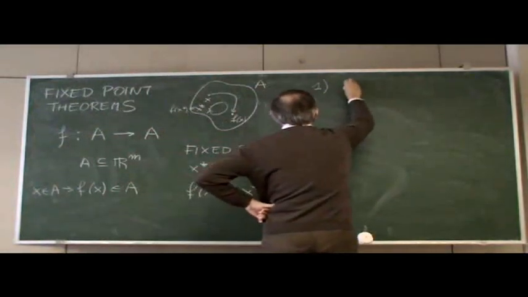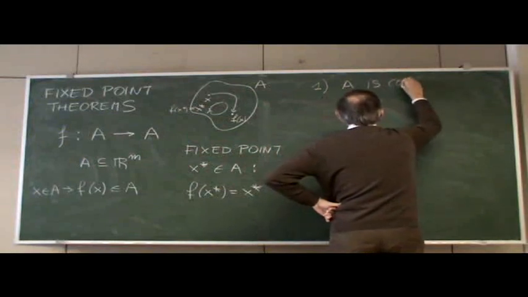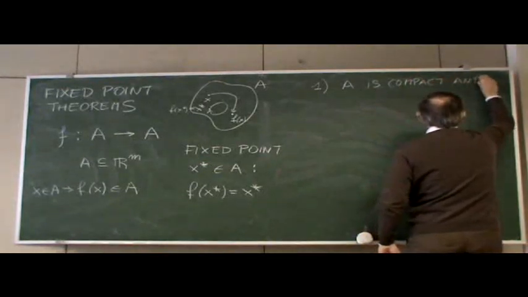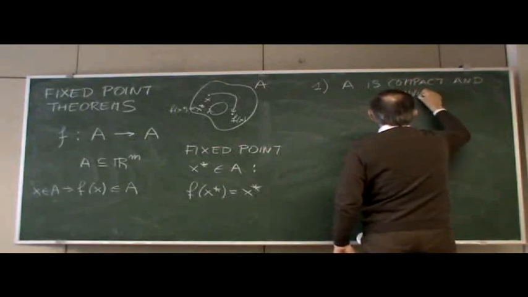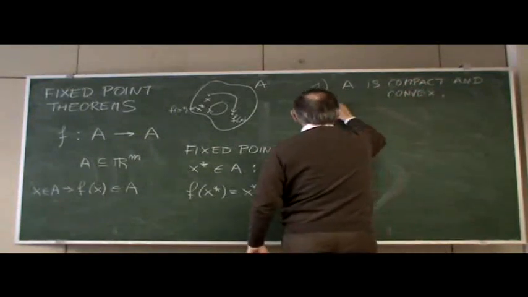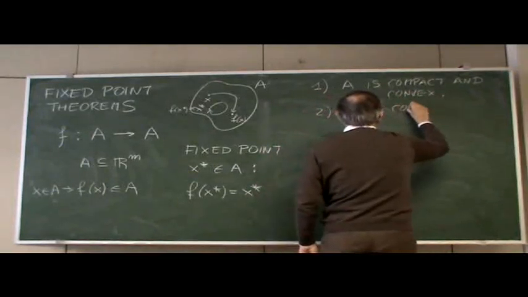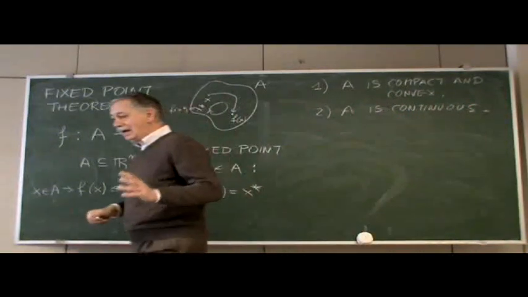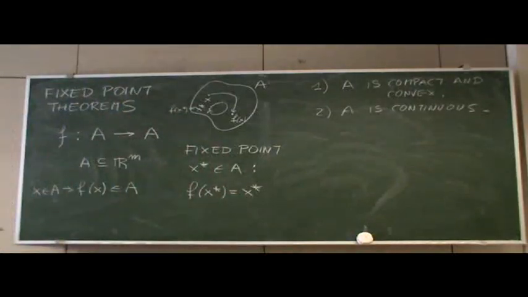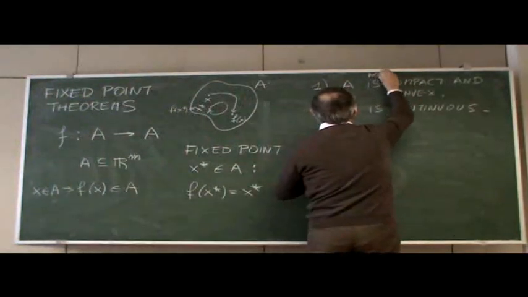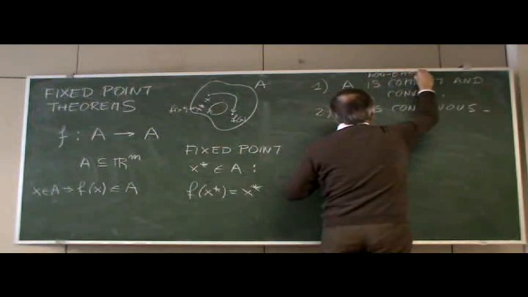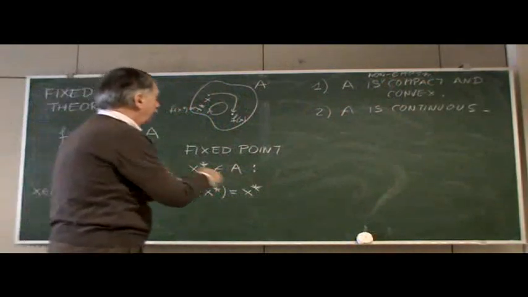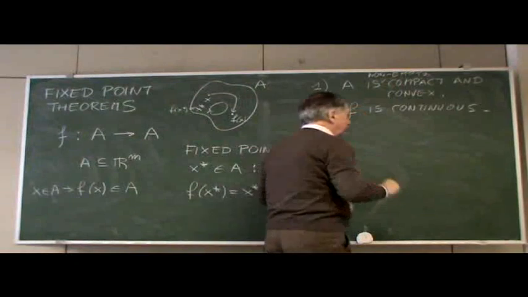First, A is compact and convex, and F is continuous.